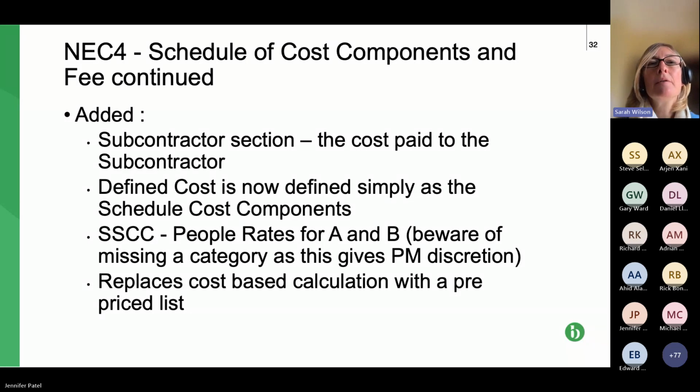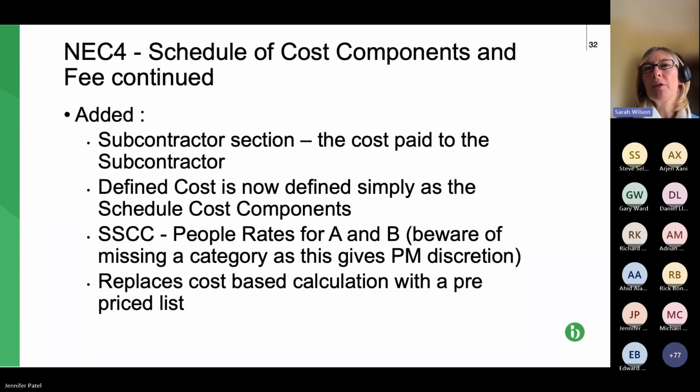And the penultimate sub-bullet point refers to the shorter schedule. So for the shorter schedule now we have people rates inserted. So it means the contract data part 2 has a section to include people rates. Be careful of missing a category. It's good because we've got that fee percentage provision that says if it's not included, it's deemed included in the fee percentage.